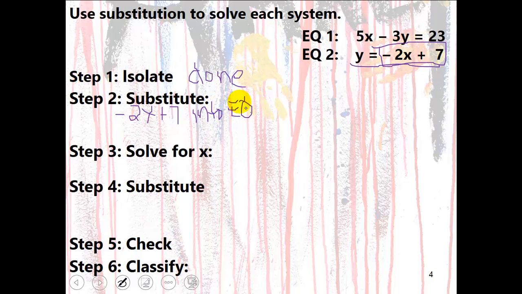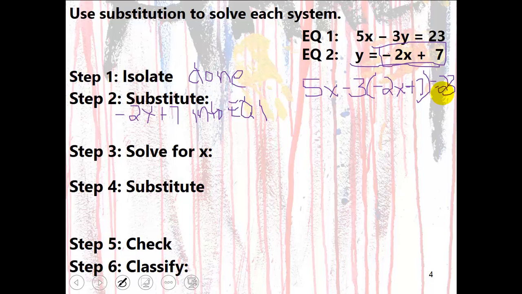Okay? So watch what I do. 5x, that's cool, minus 3y. But instead of writing y, I'm going to write negative 2x plus 7 and put parentheses around it. And then equals 23. See what we did? We substituted, we hit a y, and then we substituted negative 2x plus 7 in for it.